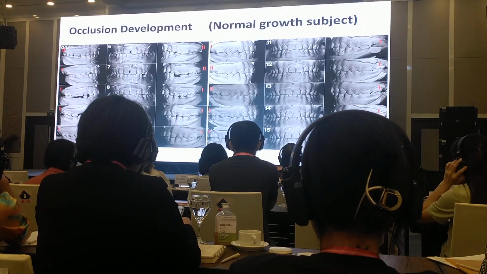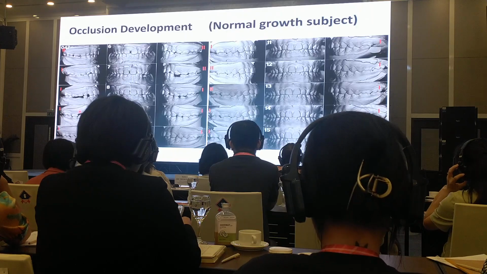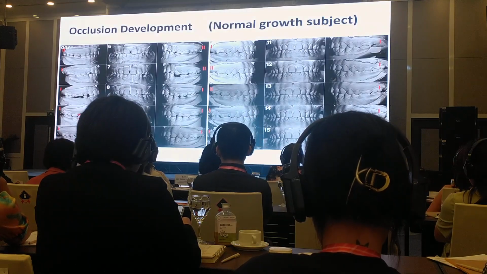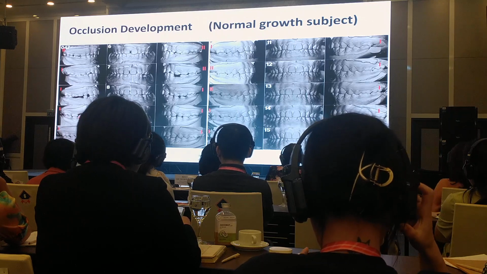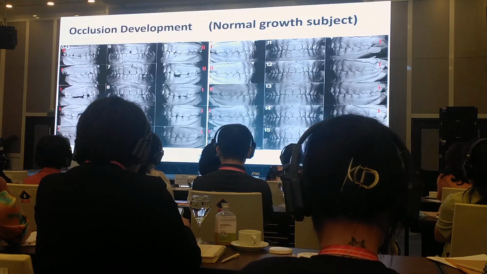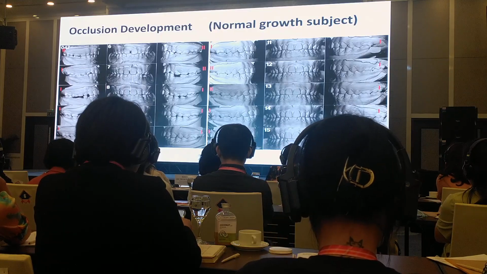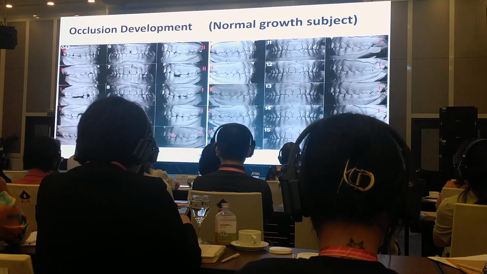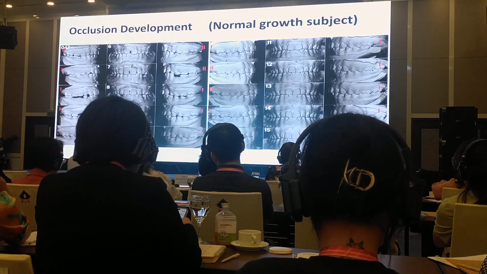And this side, upper premolar still not erupted, but this kind of relation is half class 2. Okay, 10 years old, this midline coincides perfectly. They slowly establish the class 1, but still canine is not perfect class 1.